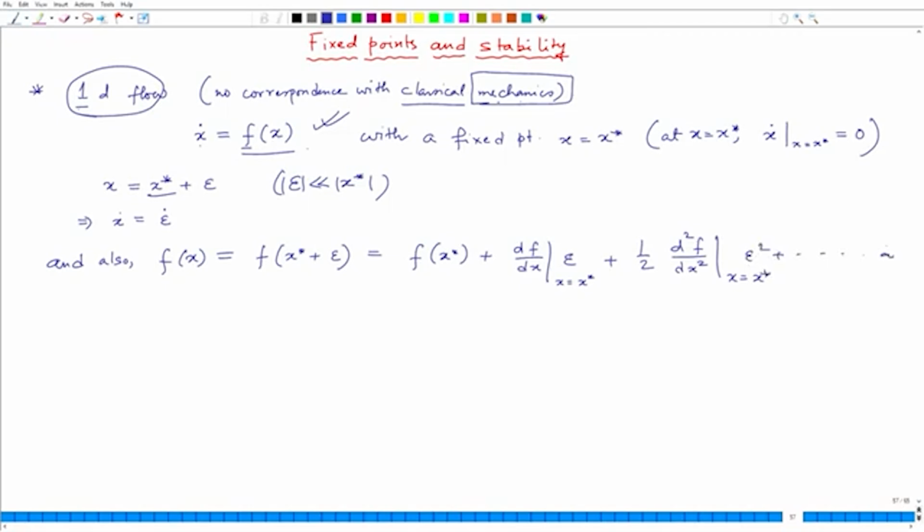Now, f of x star is equal to 0 by the definition of a fixed point.